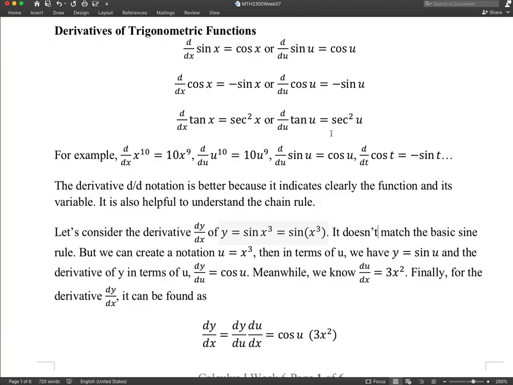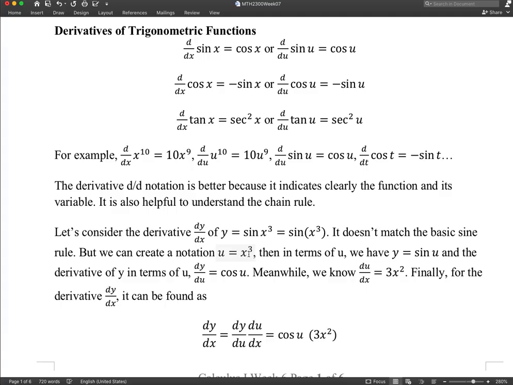So this time, what I did here is create a new notation, u, to represent x cubed. I think it's very common in mathematics. When we have an expression that is a little too big or hard to handle, one way to treat the bigger expression is to represent it with a single notation. So u is x cubed.